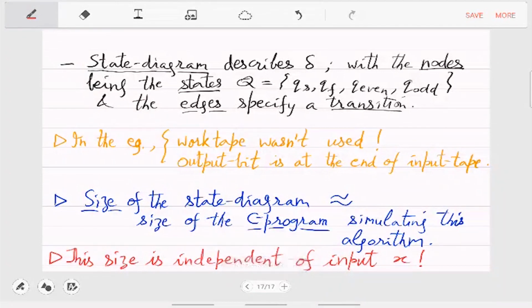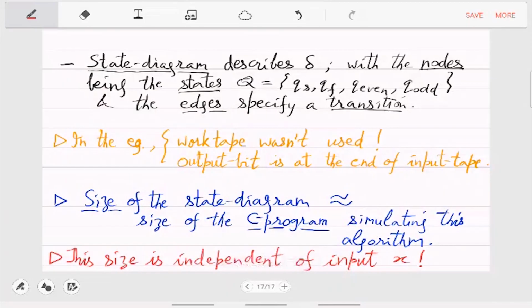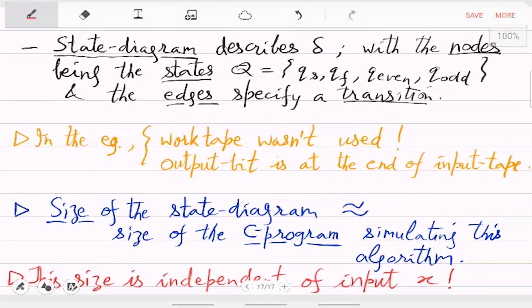This is something you have to appreciate at this point: the finite control, the state diagram, the transition function, you have to design them so that they can handle any length input. So X can be arbitrarily long, which is why you need the tape to be infinite, although the program, the control, is finite.